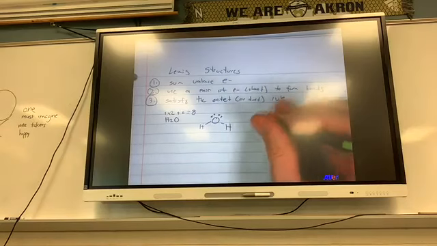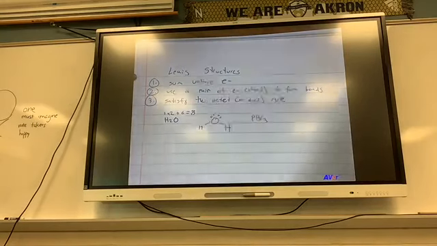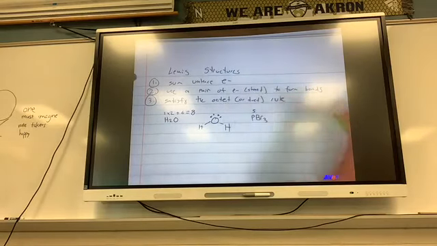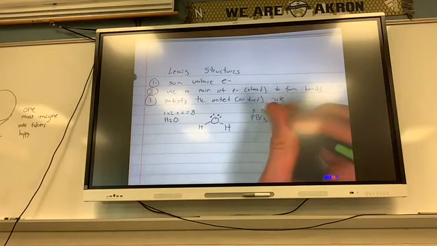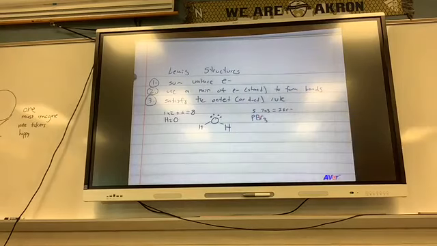What about PBr3? Phosphorus, and you can pause and try this on your own. Phosphorus has 5. Bromine has 7 times 3, which is a total of 5 plus 21, 26 electrons.